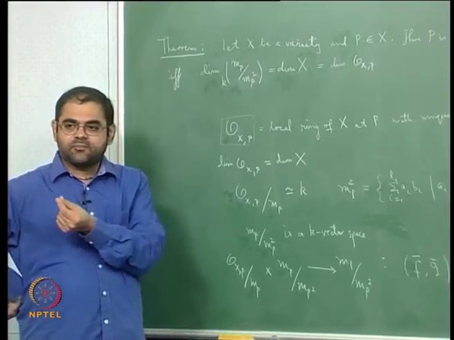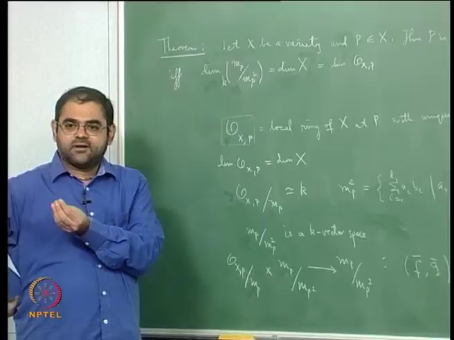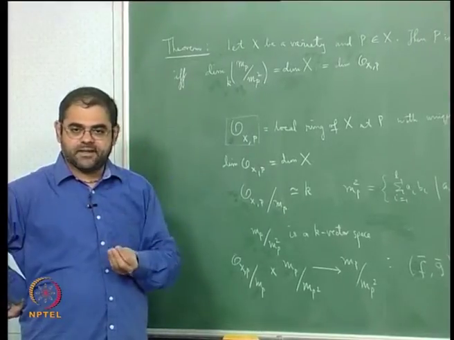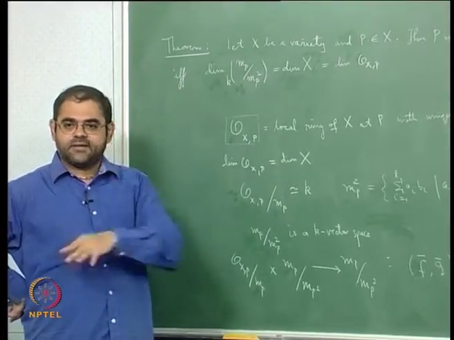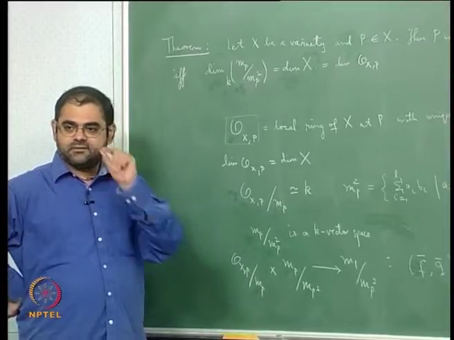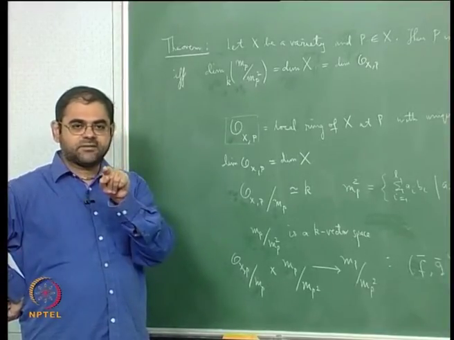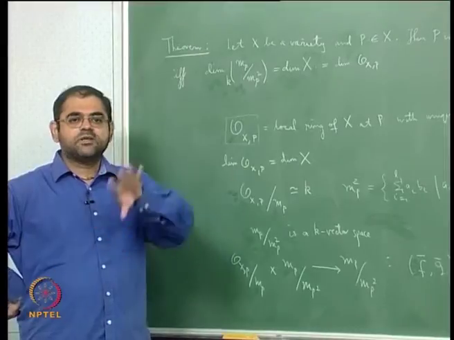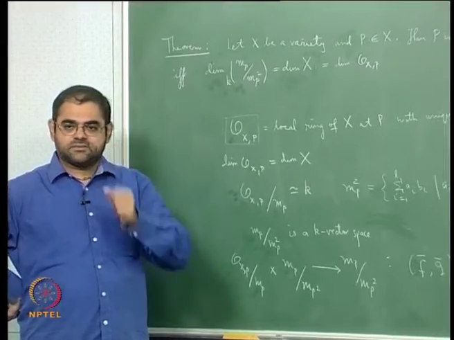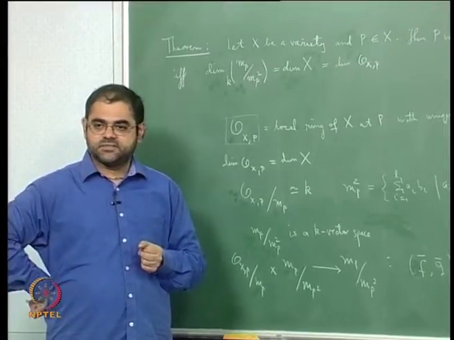What happened at the singular point was that the dimension of the tangent space shot up, the dimension of the tangent space became more than the dimension of the object. For the vertex of the cone, the dimension of the tangent space is 3, whereas the cone is only 2 dimensional, so the vertex is not a smooth point, it is a singular point.